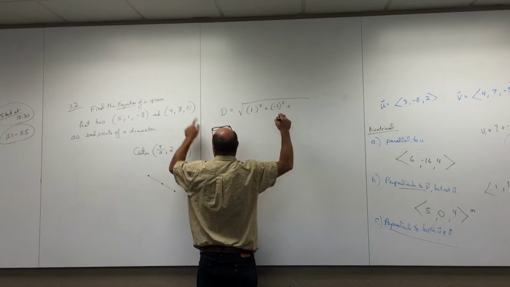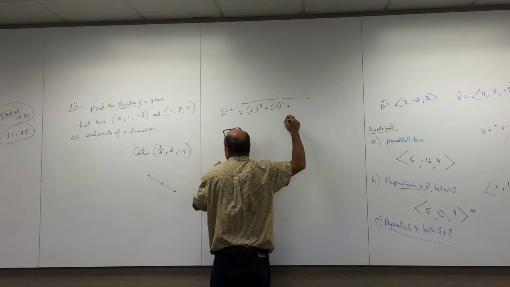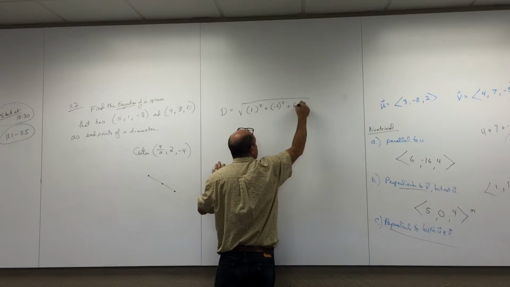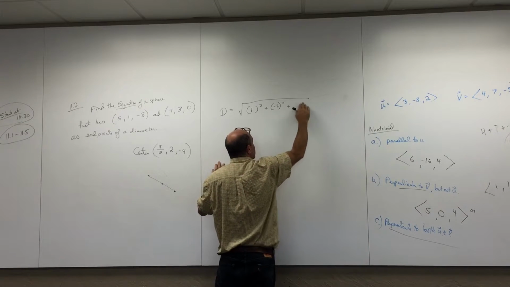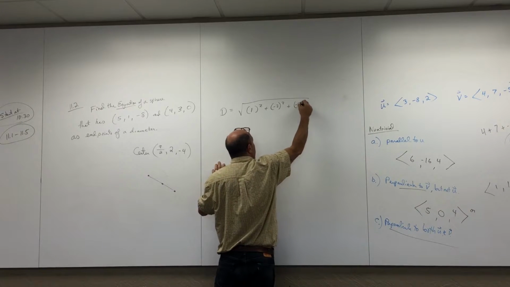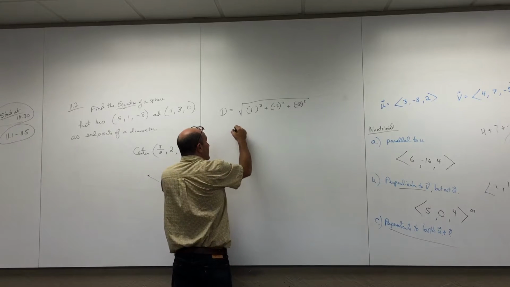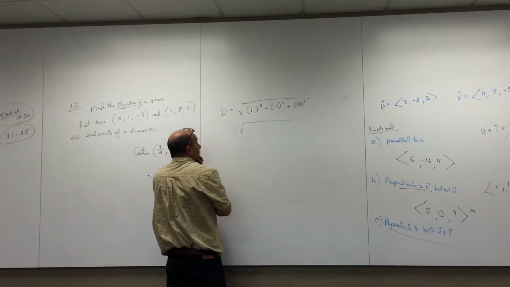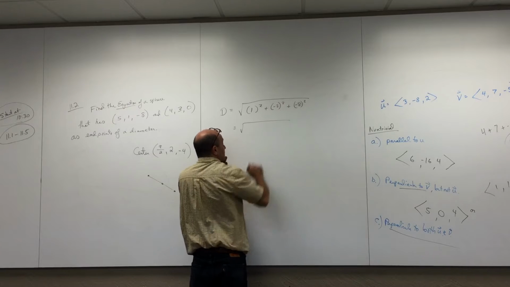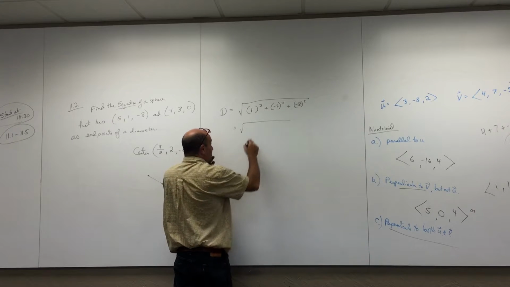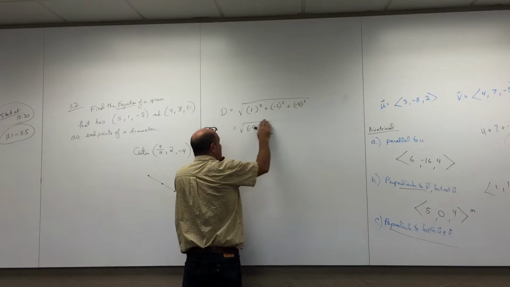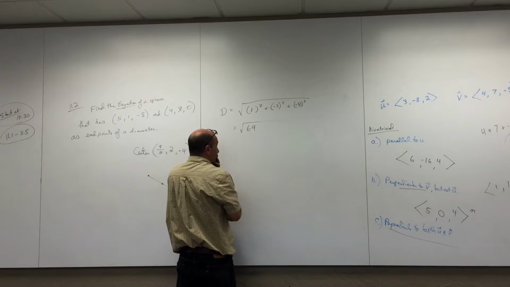Cool, this is my distance, and it's my diameter. It's 1 plus 4 plus 64. That's 69. The square root of 69 is, I don't know.